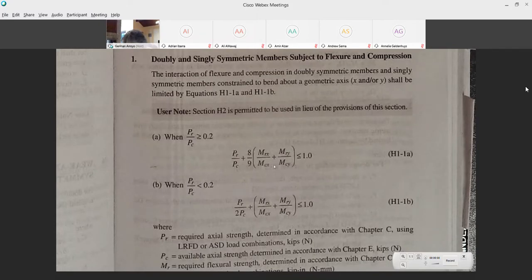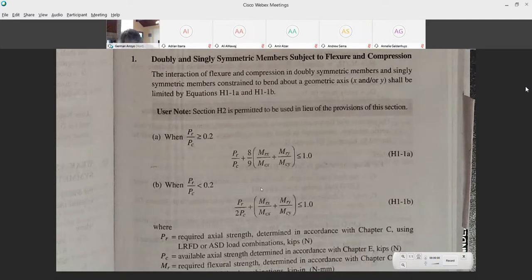This value could be equal to phi Mp, or it could be the result of lateral torsional buckling. This one is the moment about the weak axis. So this moment is in the perpendicular axis. So these two, you cannot combine them, because this is in the x, and this is in the weak, or the y axis. And this is phi Mny, the design strength about the weak axis.